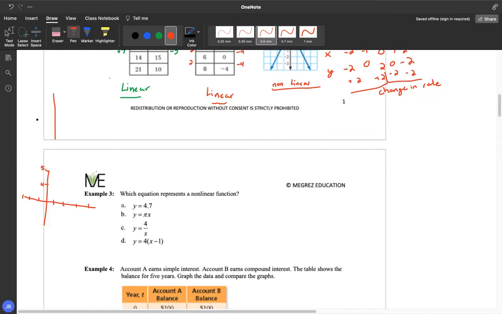Let's think about this. Do we know if you have x equals 1, is that a line? Julia? Yeah. X equals 1? Yeah. Okay, so if we said x is 1, there would be a line right here at 1, right?